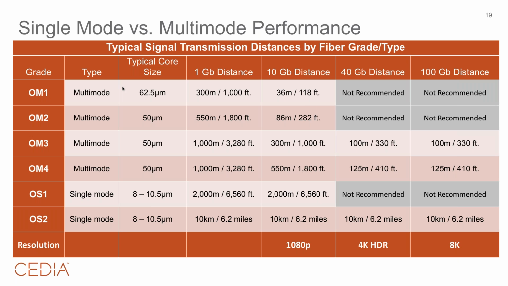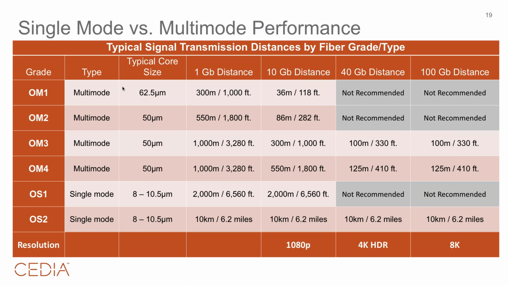Now, the next thing we really have to talk about here is different grading on the fiber. Okay, and this is a BICSI standard chart. And what I mean by that, this is one of those data IT world charts that really speak to the global big picture. And the different grades, so fiber can be graded depending on the glass optical quality, from an OM1 when we're dealing with multimode up to an OM4.